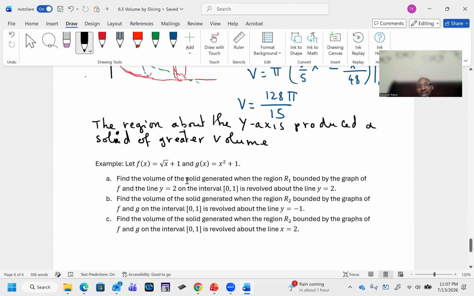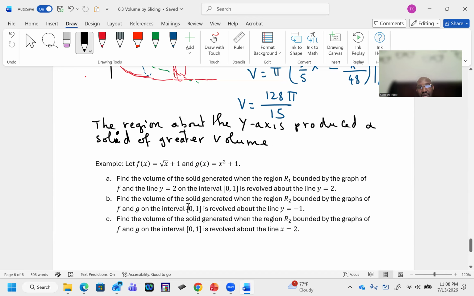A, find the volume of the solid generated when the region R1 bounded by the graph of f and the line y equals 2 on the interval 0, 1 is revolved about the line y equals 2.